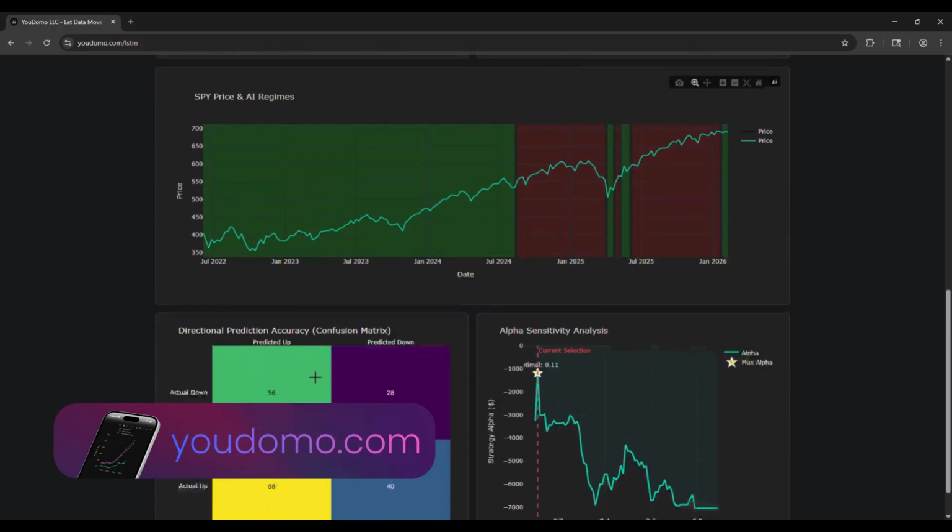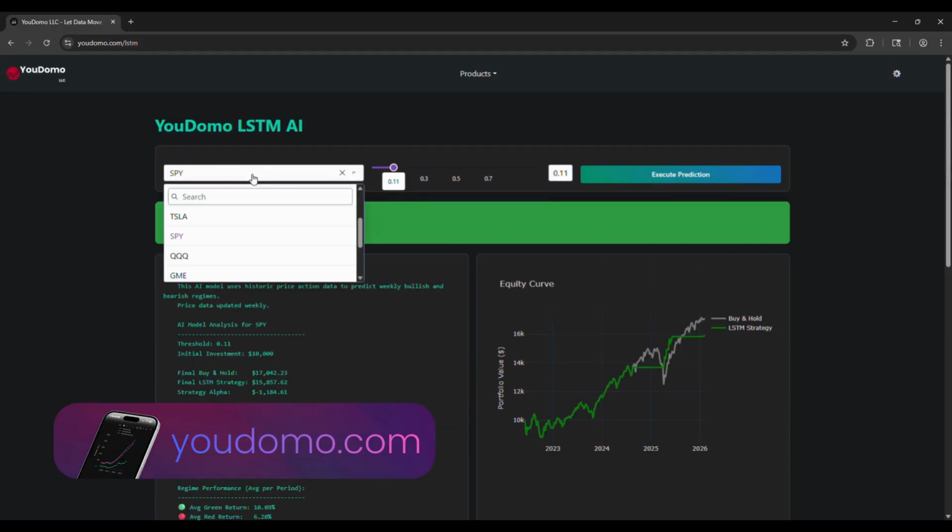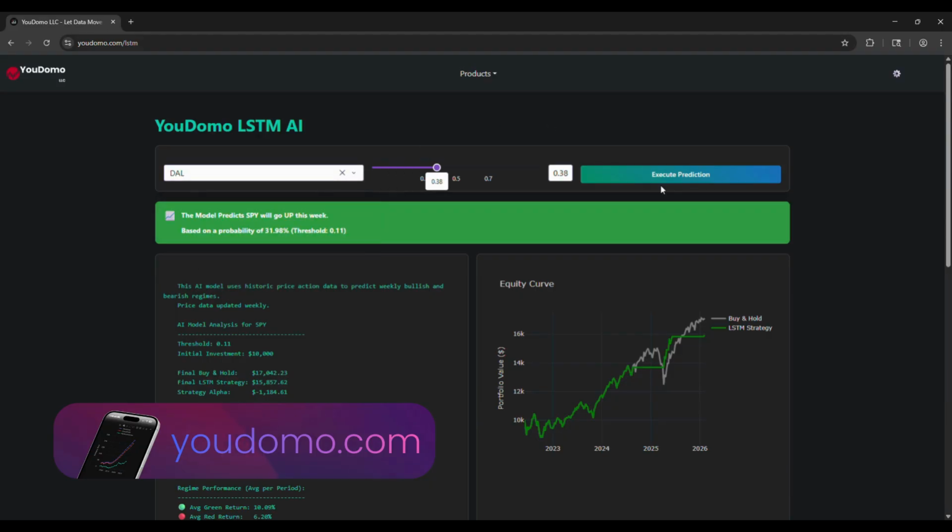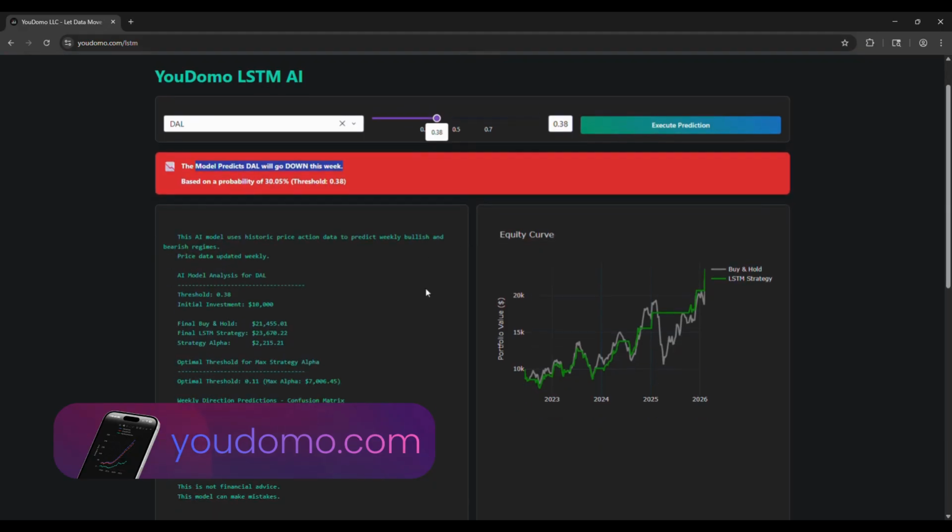You can also look at other stocks like Delta. If I take the predictions from that, we see that the model predicts Delta will go down this week. And I can be more confident here because we actually see alpha generated from this AI model.